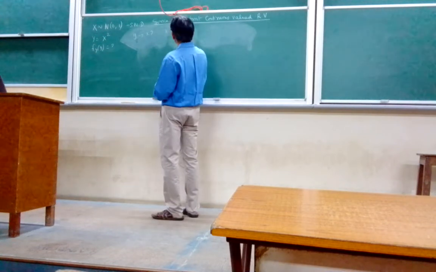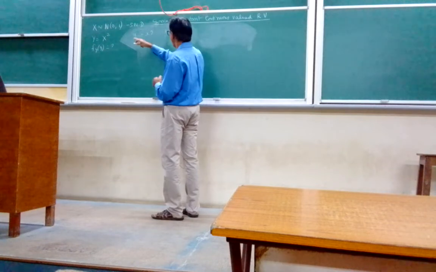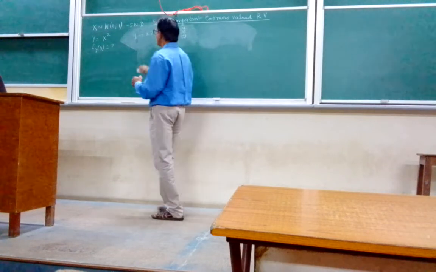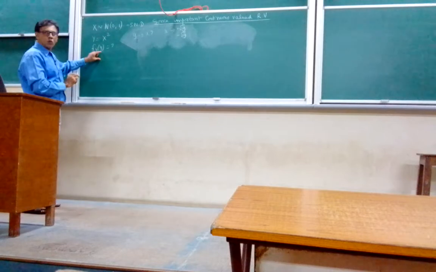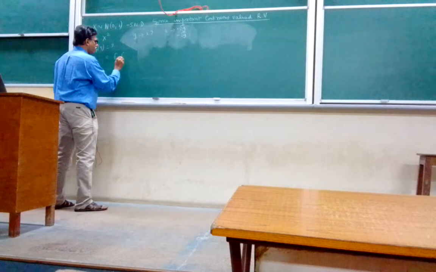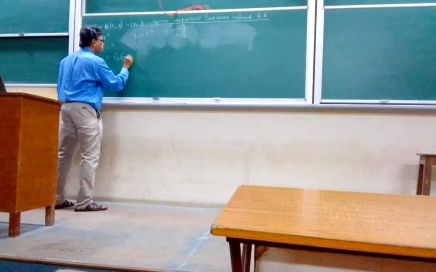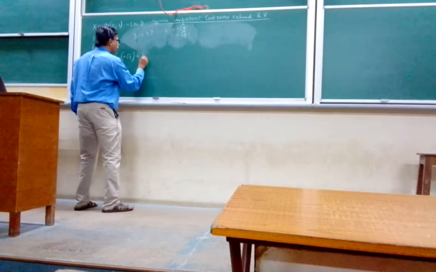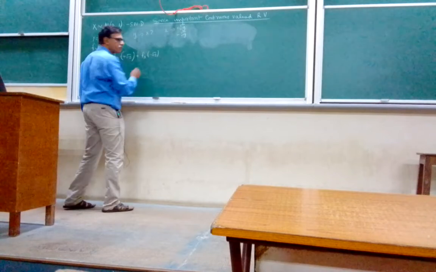If you put plus root y or minus root y, you will get a given value of y. So fY of y will be equal to fX evaluated at plus root y plus fX evaluated at minus root y.